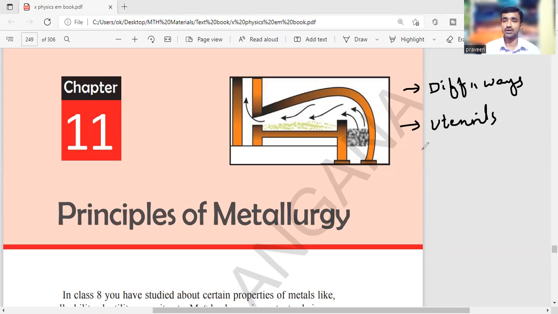Maybe it is iron, steel, copper, bronze, aluminum, etc. Sometimes they may be in a combined form, called alloys.